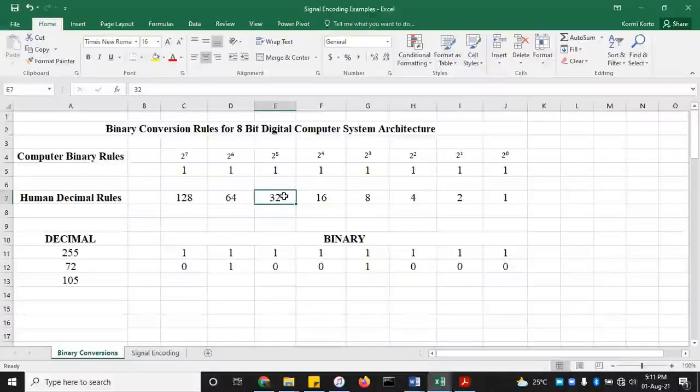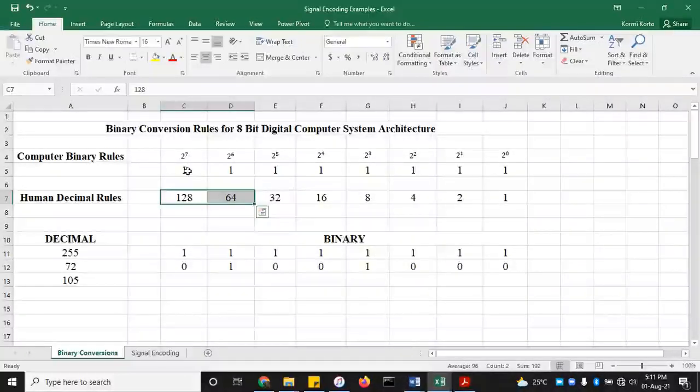But in counting, it's actually in the sixth position with an exponent of 5, because we're counting from 0 instead of from 1, based on the computer counting rules. Okay, so that's how we got all these values.